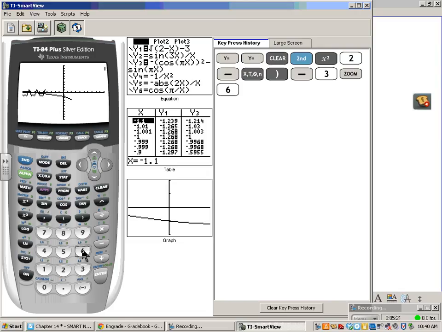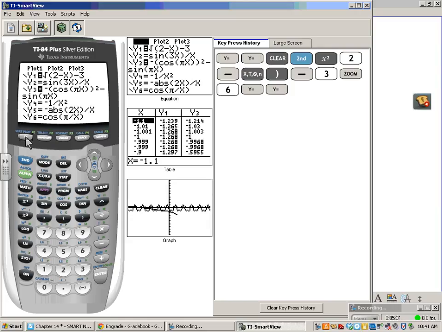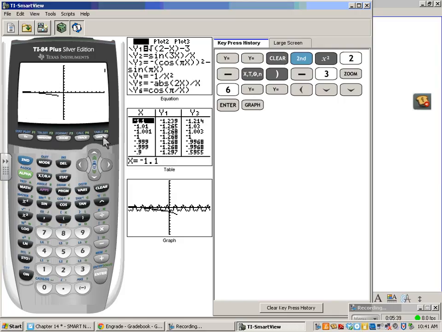Oh, we've got more than one graph going on here. Let me turn that off. Okay, that's off, and let's go back to our graph here.